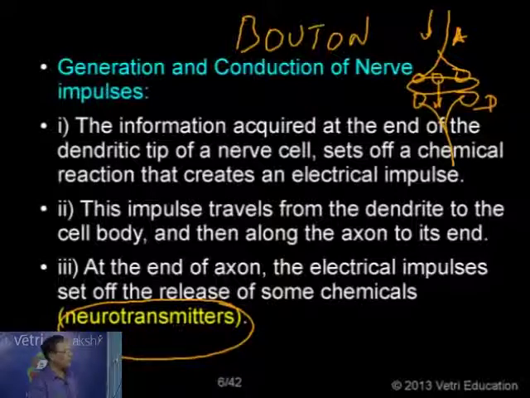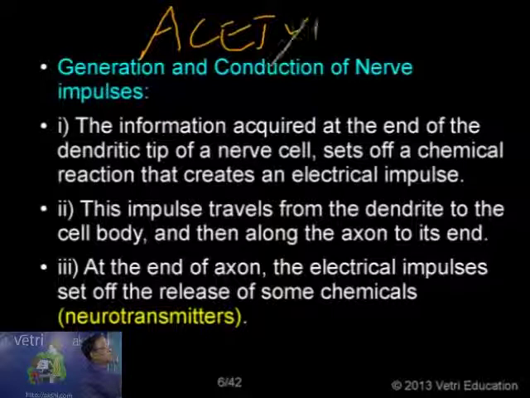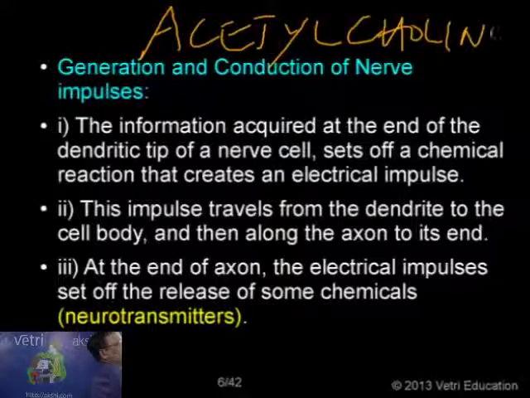We have a number of neurotransmitters in the nervous system. An example is acetylcholine. This is a neurotransmitter which transmits the impulses from one neuron to another neuron at the junction of the dendron and axon.